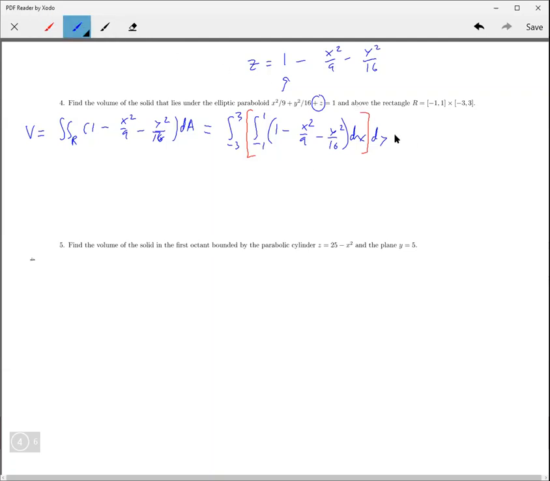Okay. So if we integrate that with respect to x, we have x, then minus x cubed over 27. And then minus x y squared over 16. Just like that. And then x is going to go from -1 to 1. Okay, and then dy.